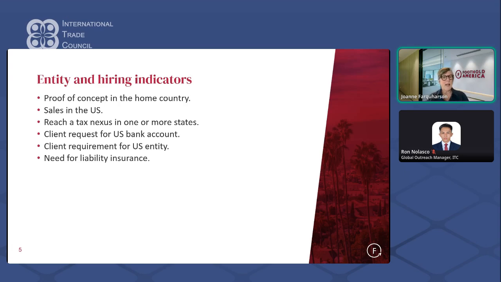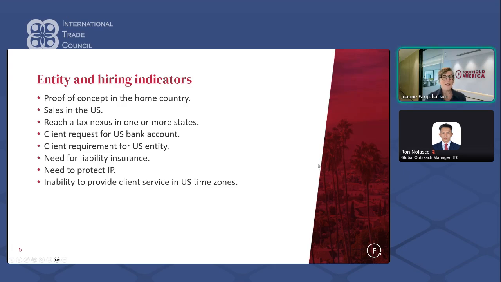You might need liability insurance for products or services, and that can be difficult to get in the US without a presence there, like a US entity. If you have intellectual property that you need to protect, you may be protecting it in your country, but you may need to take steps to protect it in the US as well.